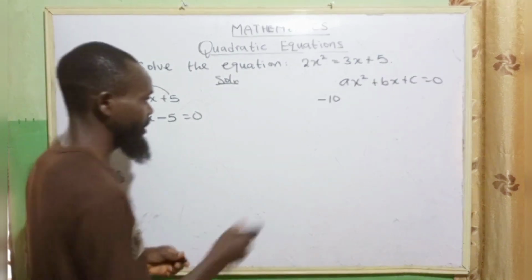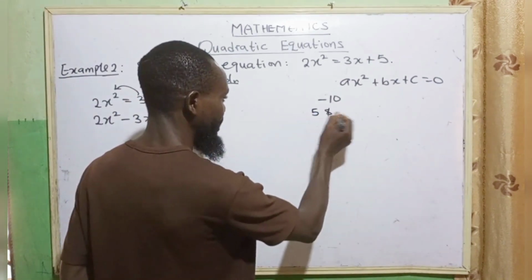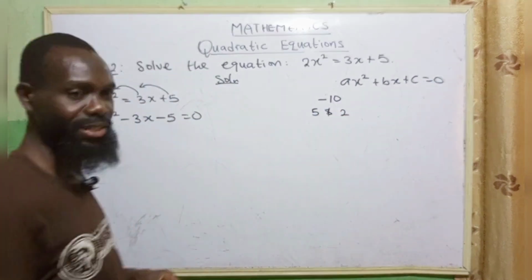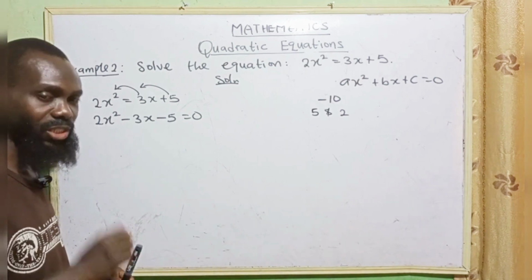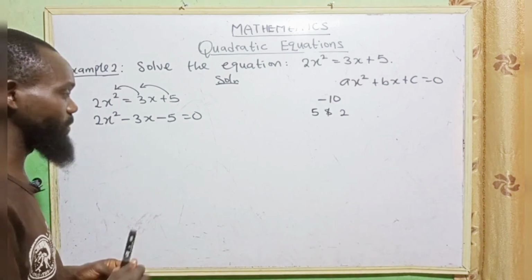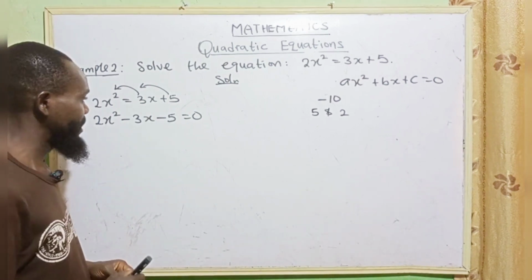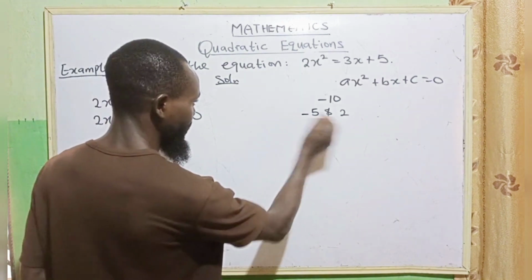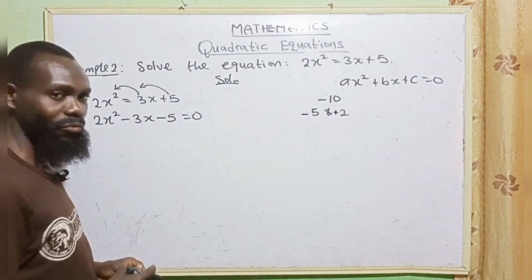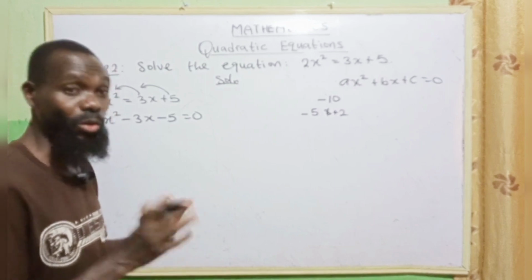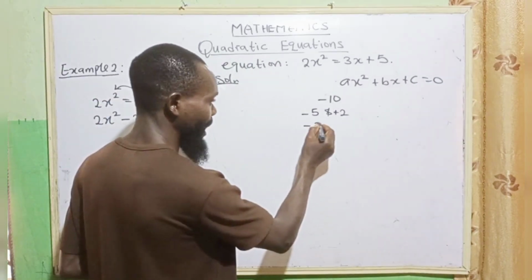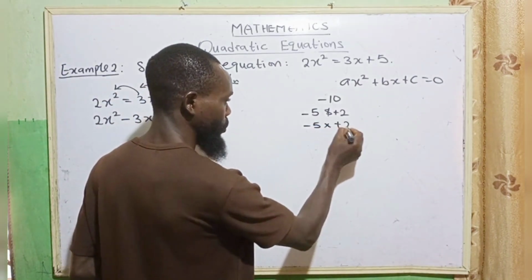Let us pick 5 and 2. Now, the signs, let us guess the sign until we get where we are going to. But let me say minus plus. The first thing is we multiply. The second one we add. Minus 5 times plus 2.